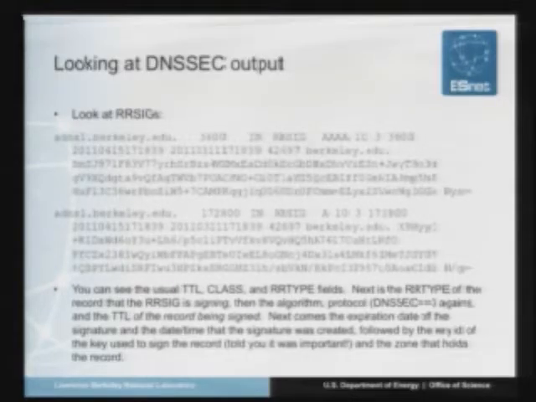And then we see RRSIGs here. Now, these are the RRSIGs of a particular domain name. dns1.berkeley.edu is one of the name servers. It has a quad A record and an A record. Both of those signatures are there. You don't actually see the quad A or the A records; I only pasted in the signatures. Right here, you can see the key that was used to sign that particular record.